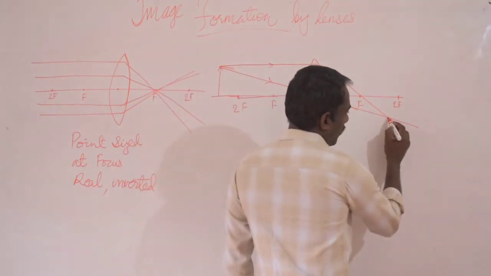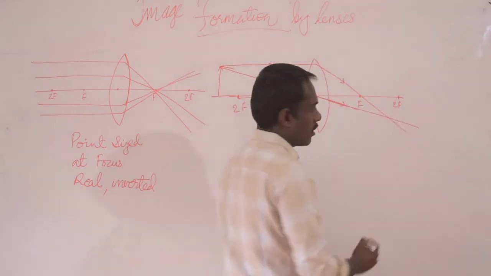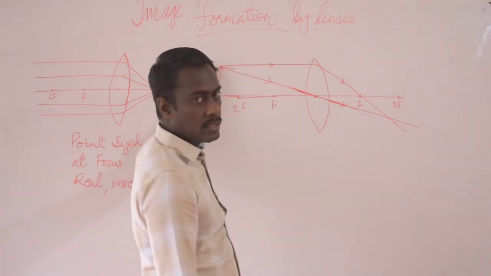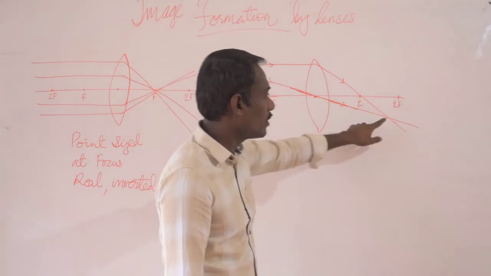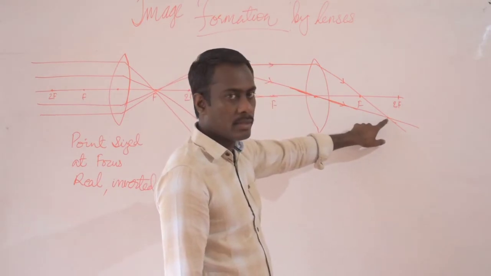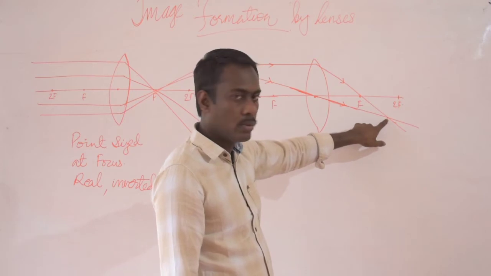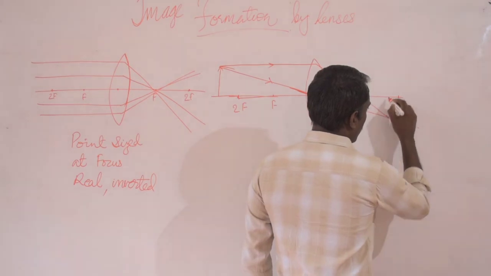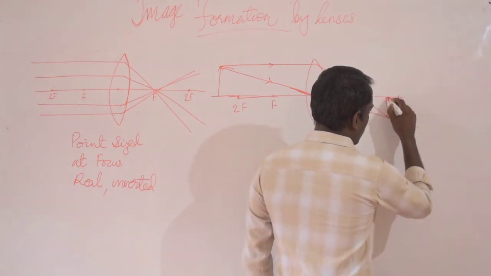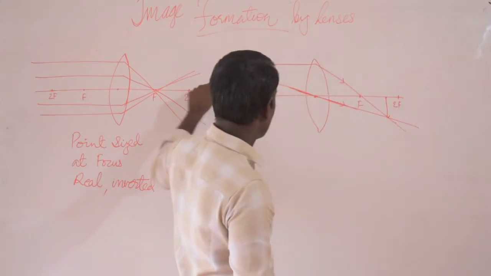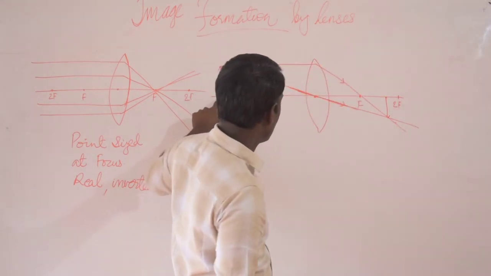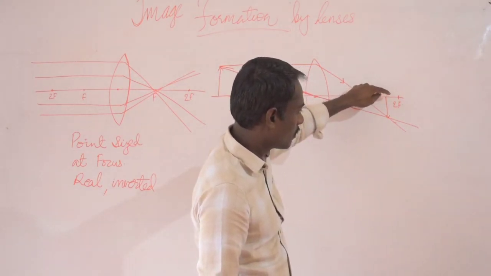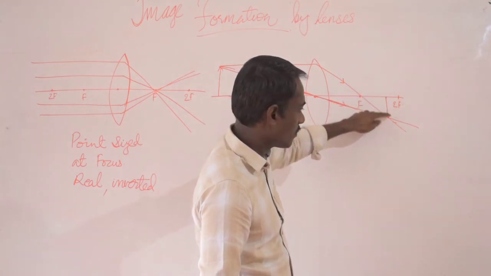You can see this is the point where these two rays intersect each other, and this is the point where the image is formed. Since these two rays originated from the same point, the top of the image will be at the point of intersection, and the image starts from the principal axis.